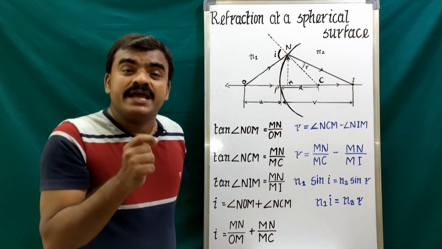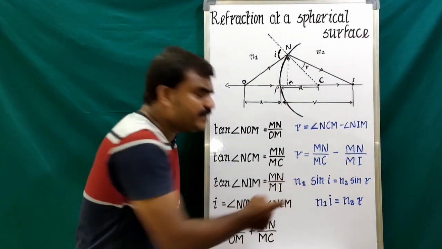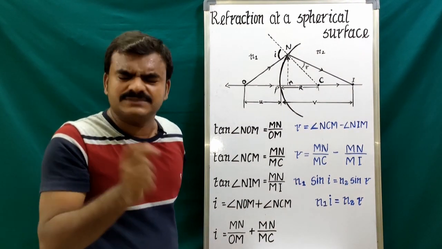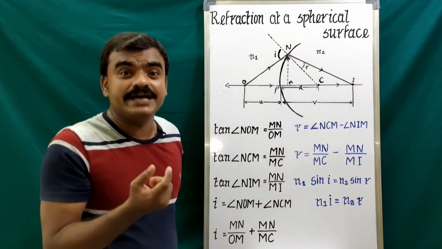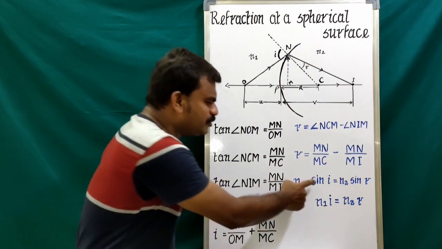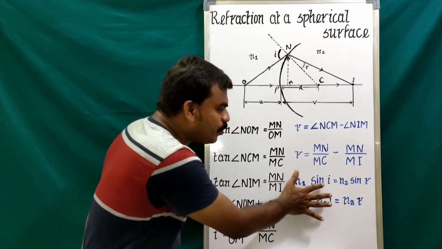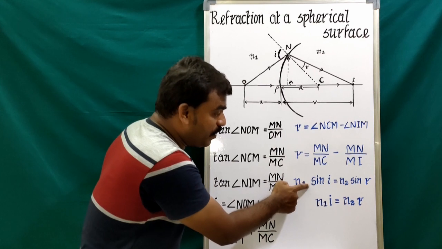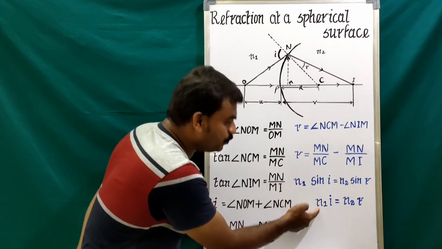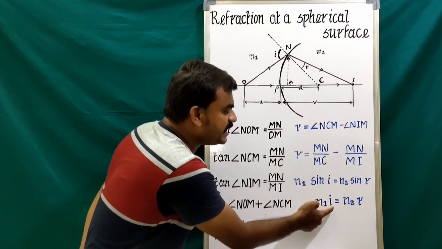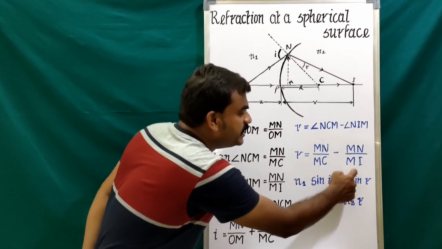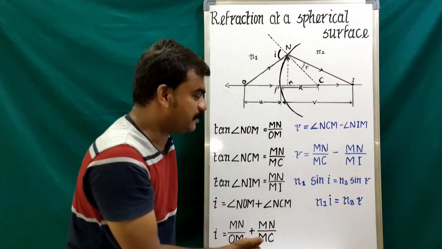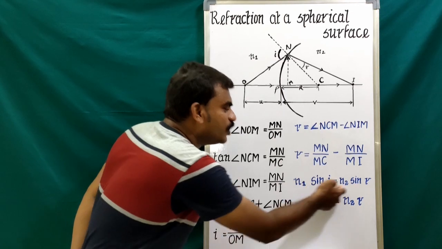Why? If we take the sine for a very small angle, there will be no difference. That's only for small angles, so sine is negligible. Instead of N1 sin i, we may write N1 i, and instead of N2 sin r, N2 r. So this is the equation.